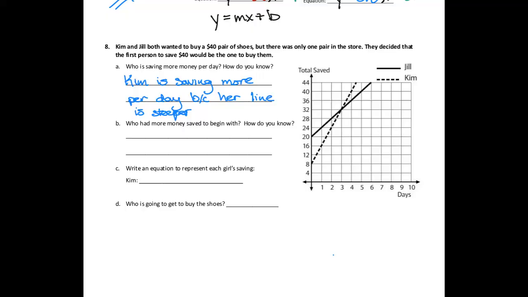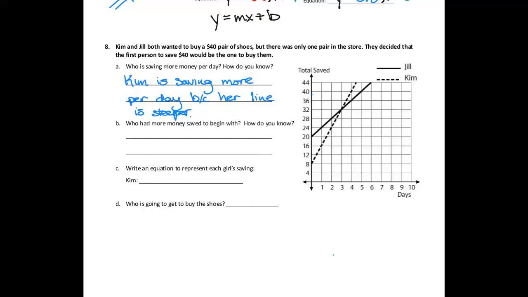But if somebody else's line were right here, they might finish first, but that wouldn't necessarily imply that they were saving more per day. Okay, so it really has to do with the steepness of the line, and that calculates how much they are saving per day. So I hope that kind of makes sense. All right, Kim is saving more per day because her line is steeper.